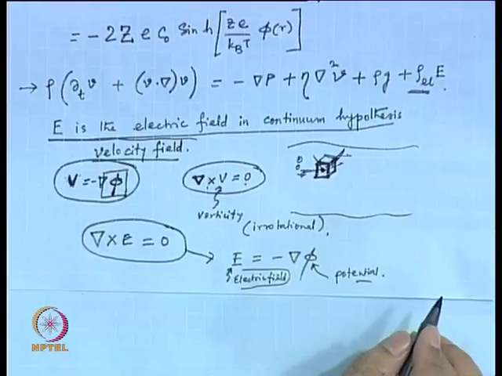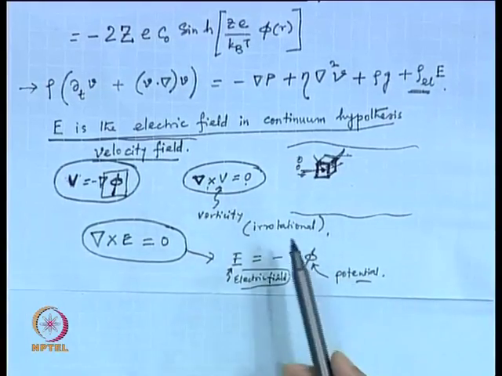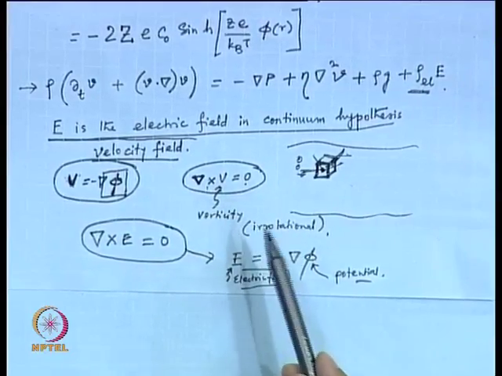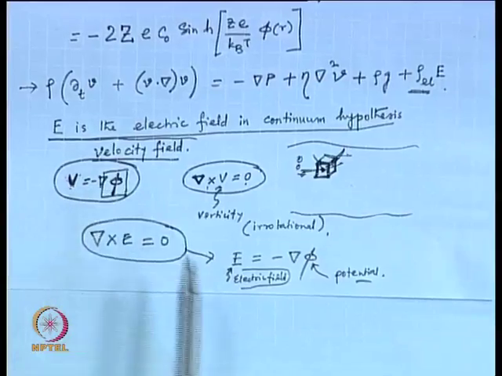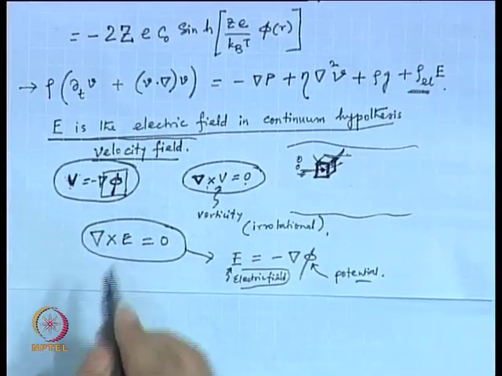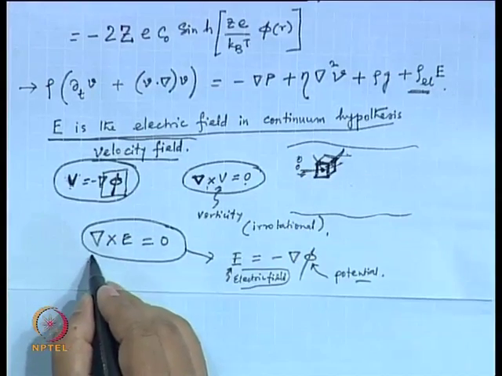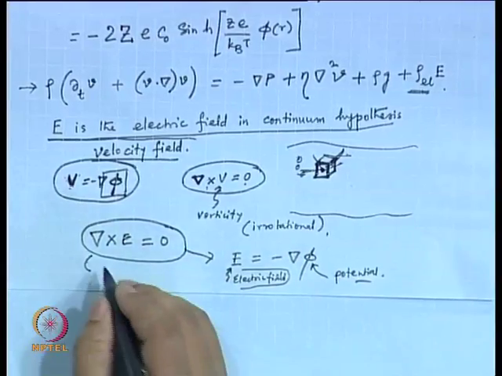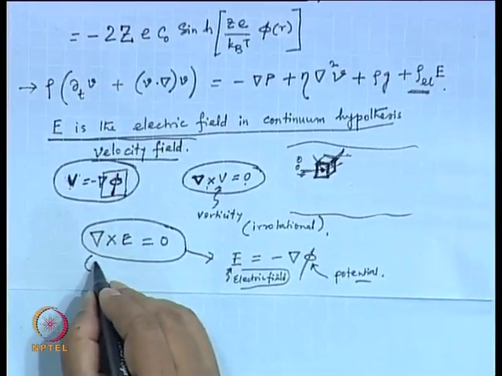All right. So, just like we had for velocity, we had a similar criterion that if del cross V is equal to 0, then the flow is irrotational, and so you can define a velocity field equal to minus del phi. By the same token, if del cross E is equal to 0, in the context of the electric field, physicists who work with electric field call this the absence of a changing magnetic field.